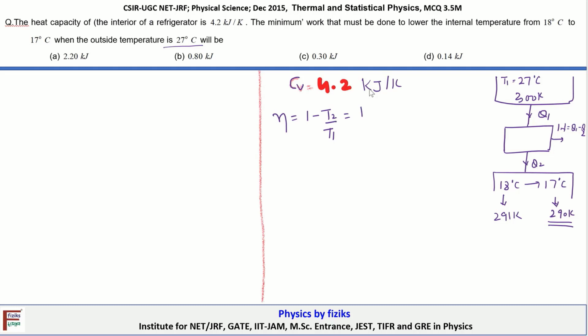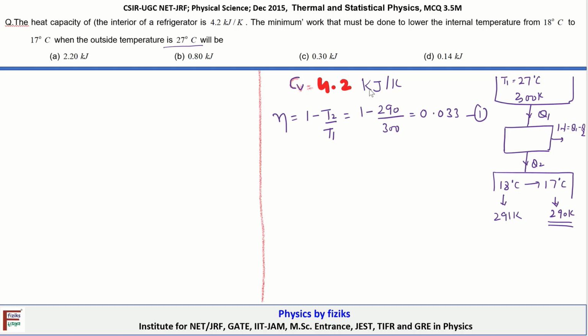So 1 minus the final temperature, that is 290 Kelvin, divided by T1, which is 300. If you evaluate this quantity, it comes out to be 0.033. Let's call this equation 1.